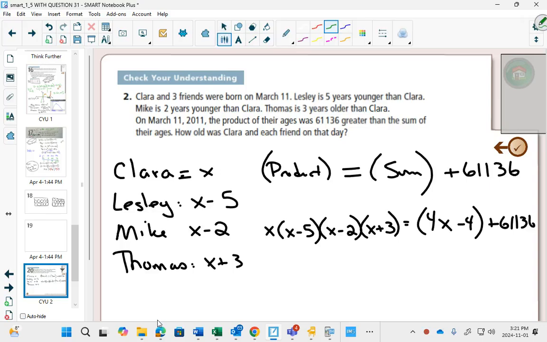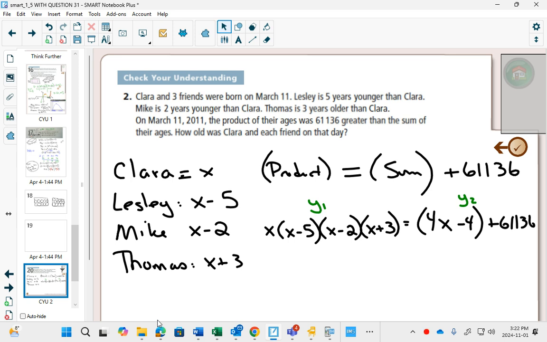So we're going to use technology, which is really nice for something like this. Whenever you have a complicated equation and you want to use Desmos or a graphing calculator to solve, what I like to do is type the left-hand side into y1, into one equation, and the right-hand side into a second equation.